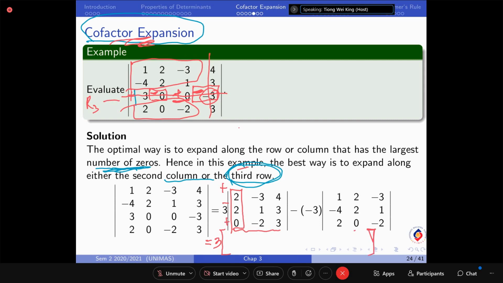The first one is a positive 2, and then you delete this row and this column, so you have 1, 3, negative 2, 3. Then minus 2, and delete this row and column, so you have negative 3, 4, negative 2, 3. The last one is 0, so no need to write it, it's actually plus 0 here.